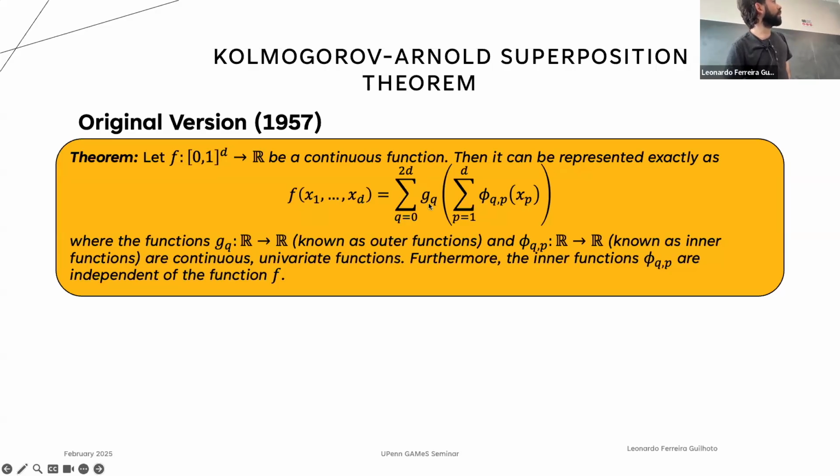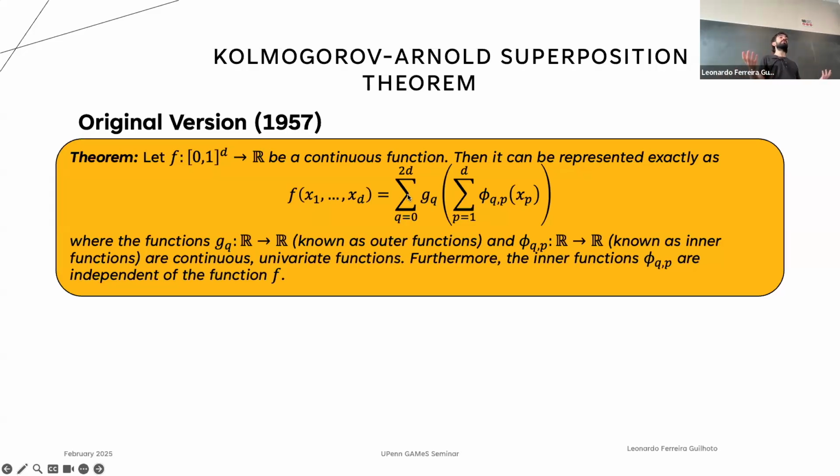One thing that is important to say is that both these functions, g's and phi's, are all continuous univariate functions, okay? And the theorem says that furthermore, the inner functions are independent of the function f. So that means if you change to a different function that you want to represent in the same input dimension, all you have to do is change these outer functions over here.